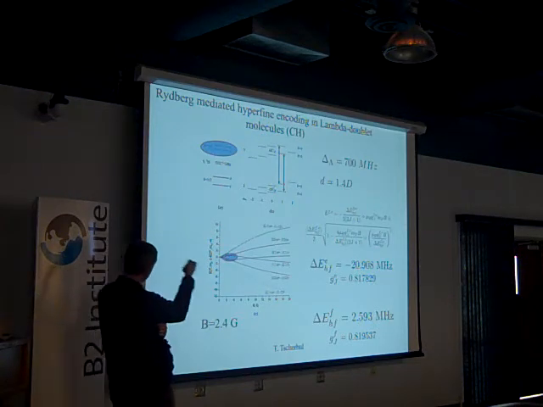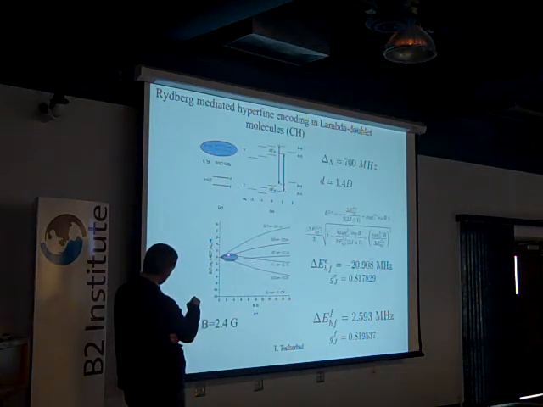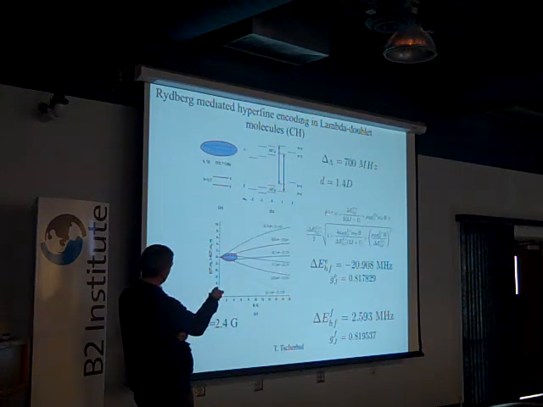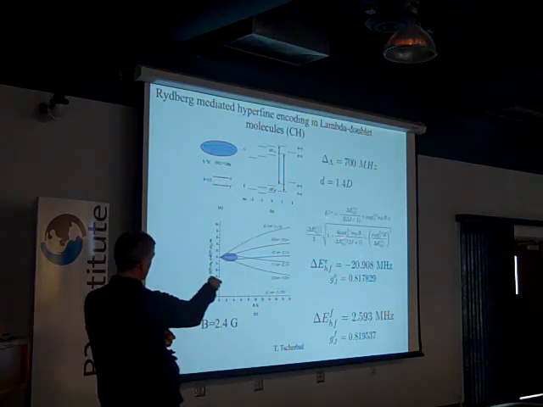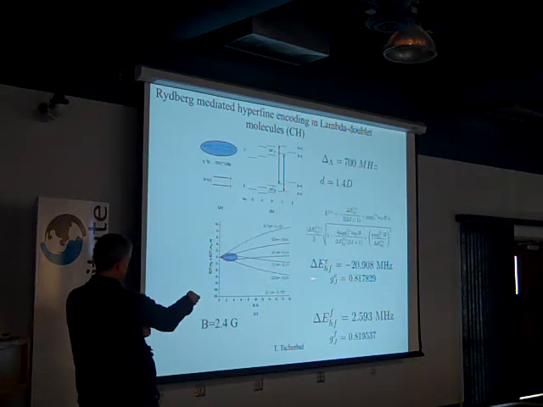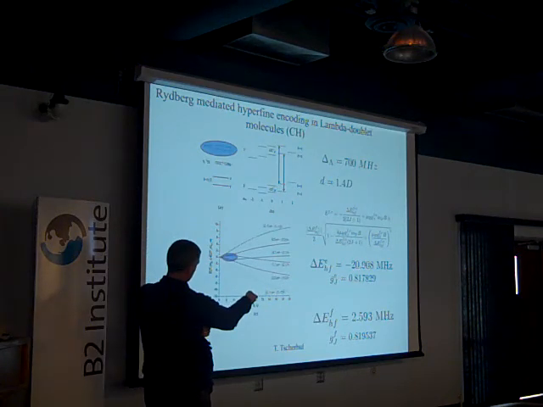This turns out to be, for instance, for CH, between these states here, this one and that one. In this range of about 2.4 Gauss, they're very insensitive to magnetic field, and then you can calculate the energy splitting between these two opposite parity states, F and E states. The hyperfine splitting for the E state would be this, and for the F state would be this.